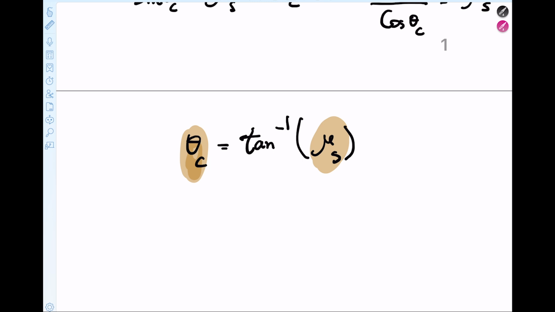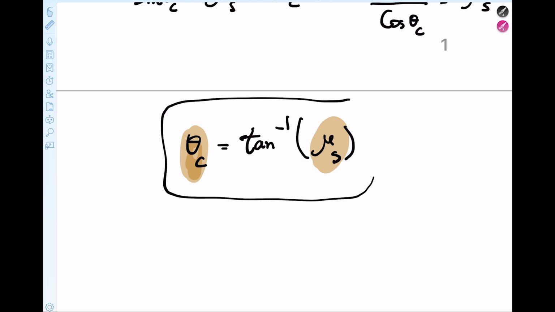You would actually do this calculation with the information you are given and figure out theta C using this formula.